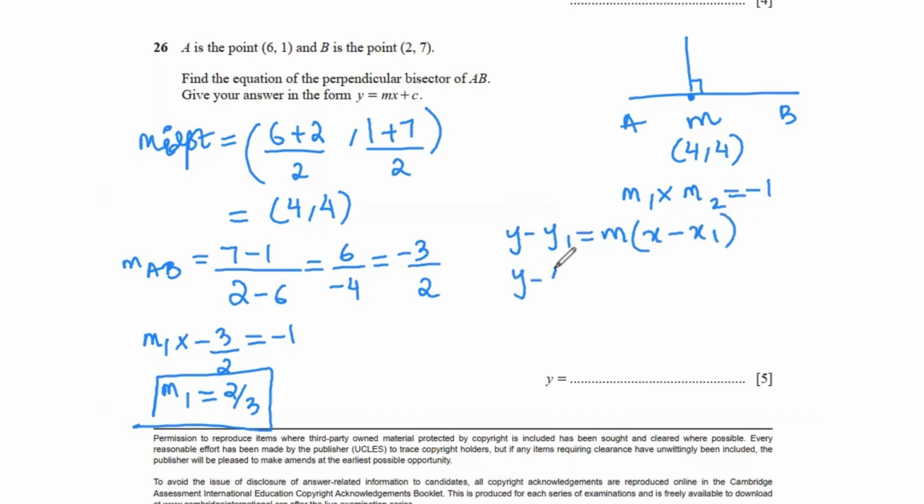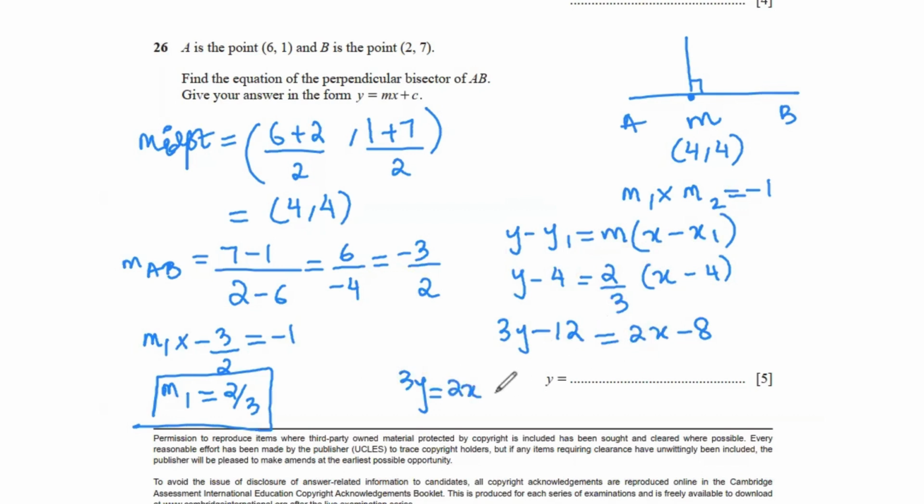Point is (4, 4), so y minus 4 equals 2 over 3 times (x minus 4). Cross multiply. 3y minus 12 equals 2x minus 8. Expand the brackets on the right-hand side. 3y equals 2x minus 8 plus 12, which is going to be plus 4. So y is 2 over 3 x plus 4 over 3. This is our equation in slope-intercept form.